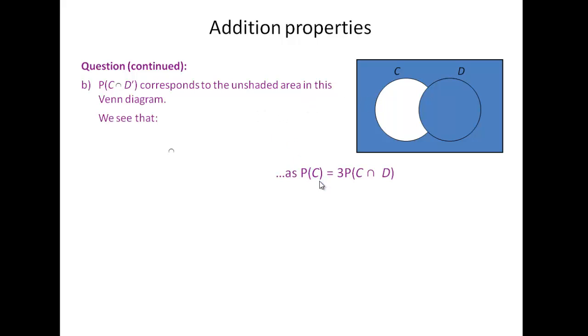Well, we know that the probability of C is 3 times the probability of C and D. So 3x minus 0.15 that we worked out from the previous part of the question. That gives us 0.45 because that's 3 times x. So subtract the 0.15 and we get 0.3.